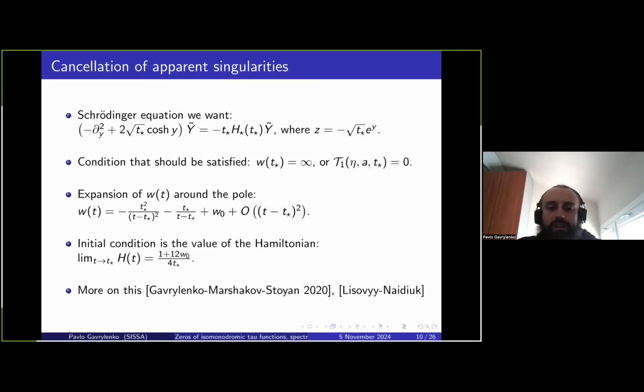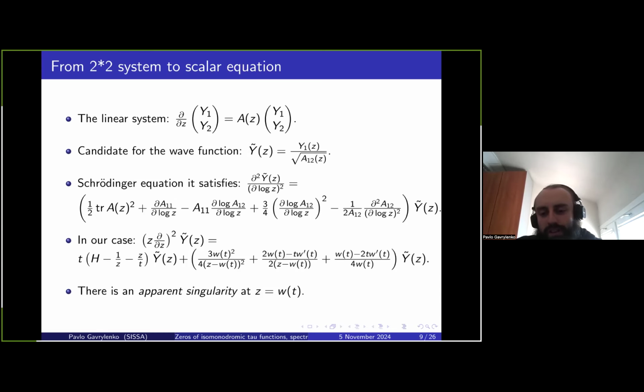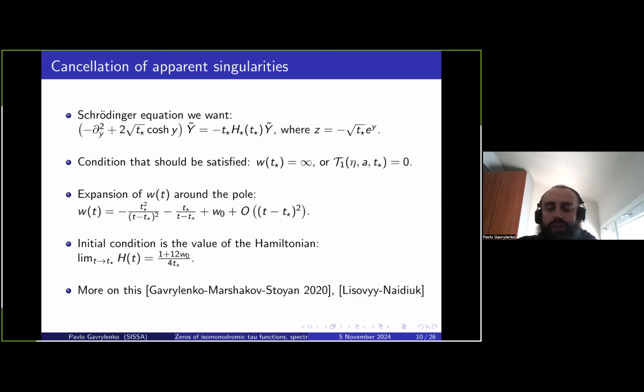And the answer is kind of obvious. We want to send this pole to infinity or to 0. These points are actually equivalent. So now we choose to send it to infinity, which means that we need to take such value of t that W has a pole there.